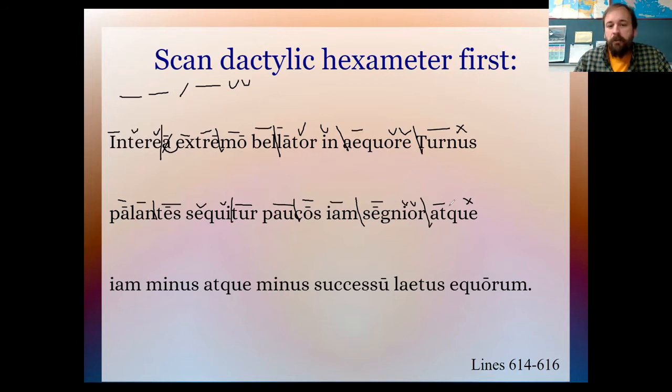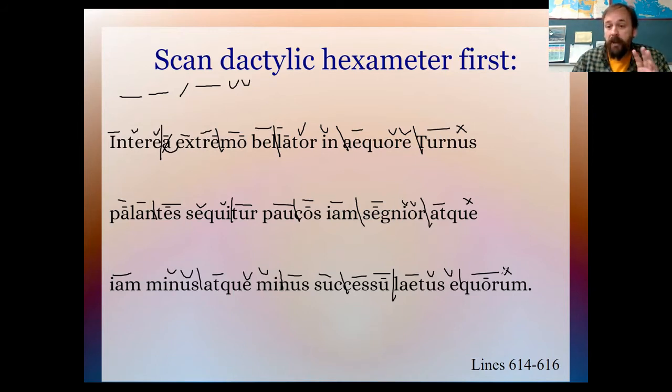Palantes sequitur paucos iam senior atque. Iam minus atque minus successu litus equorum. Iam minus atque minus successu litus equorum.